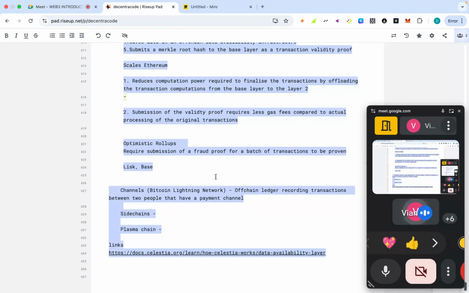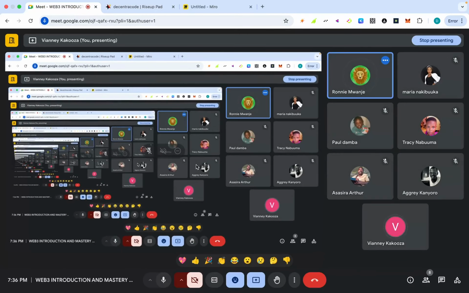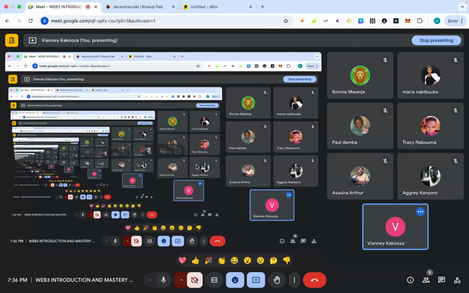Okay, so now the other two, types of layer two, finality. Yes, Ronnie.